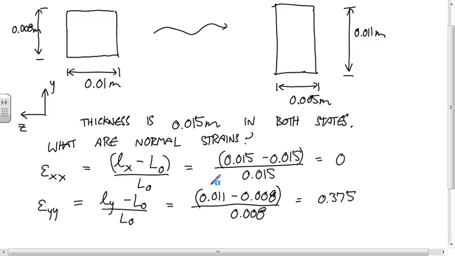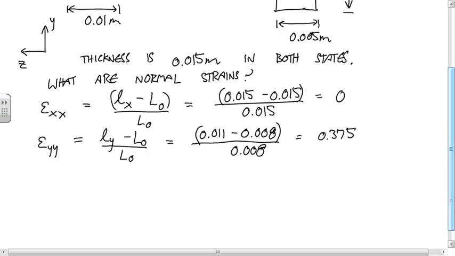So strain is dimensionless because you have a length on top dividing by a length. So this is the strain no matter what units you're using. And what does it mean that it's positive? That is stretching. Yep. If you get a negative answer, it means it's shrinking. And now the z.